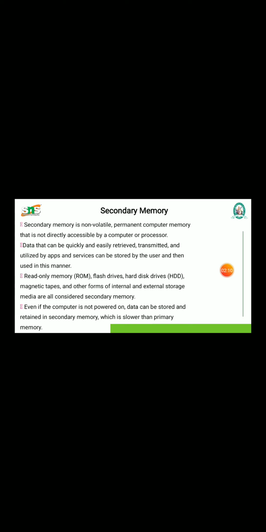Read-only memory, ROM, flash drives, hard disk drives, magnetic tapes, and other forms of internal and external storage media are called secondary memory. Even if the computer is not powered on, data can be stored and retained in secondary memory, which is slower than the primary memory.